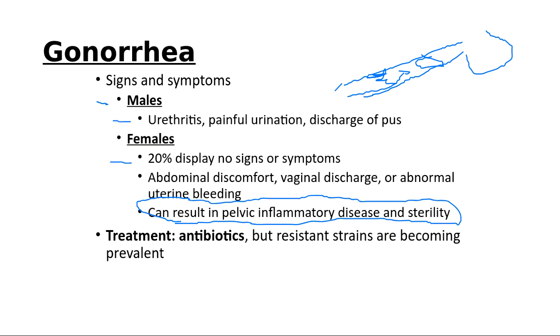And because you've got all kinds of vascularity, I'll draw it blood, along these ovaries and tubes, as this gets bigger and bigger and bigger, it can cause rupture of these blood vessels and the woman can bleed out.